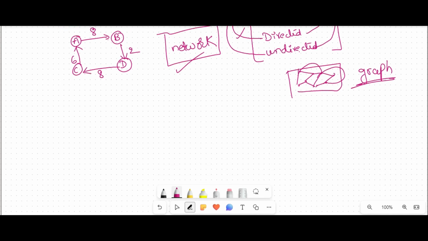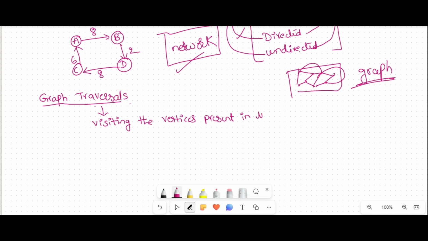Now coming to the concept here, graph traversals. Traversal is nothing but visiting. Graph traversal is nothing but visiting the vertices present in the graph.